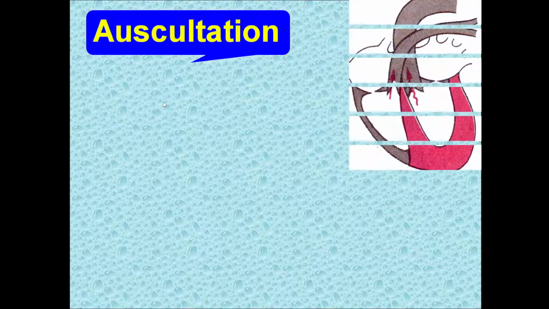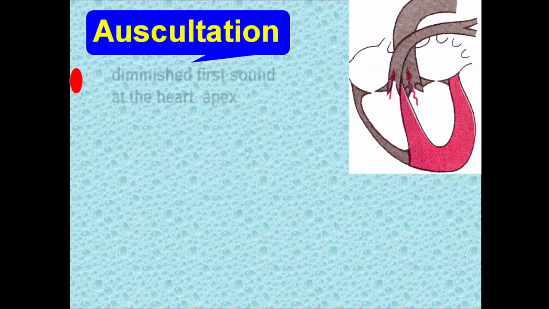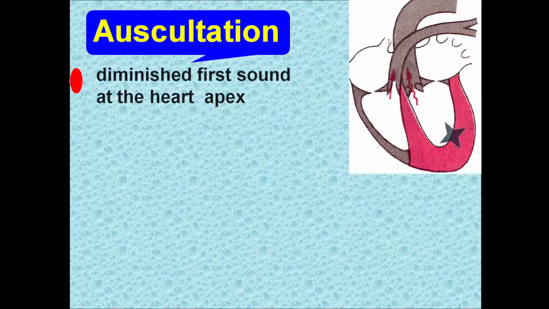On auscultation, the main picture will be over the aorta, but we remember the order of auscultation: apex, aorta, pulmonary trunk, xiphoid process. And when we auscultate the heart apex, we reveal a diminished first sound due to decreased muscular component because of the hypertrophied left ventricle.